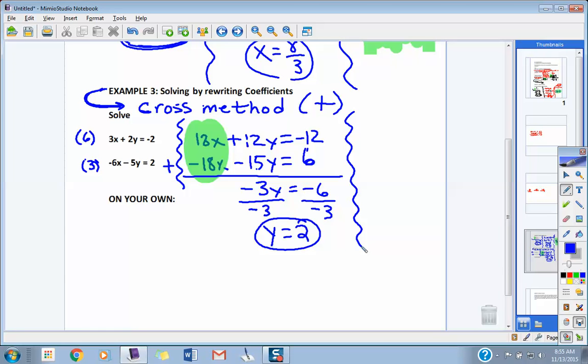Well, once you know y is 2, I'm going right back up to my original first equation. What's my y value again? 2. All right. So I'm going to write this just exactly as is, but I'm going to replace the y value right here with 2. So this top equation originally was 3x plus 2y. Now 2 times 2 to equal what value? -2. All right, this is 3x plus 4.